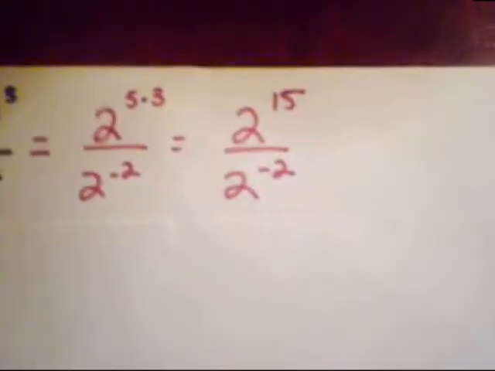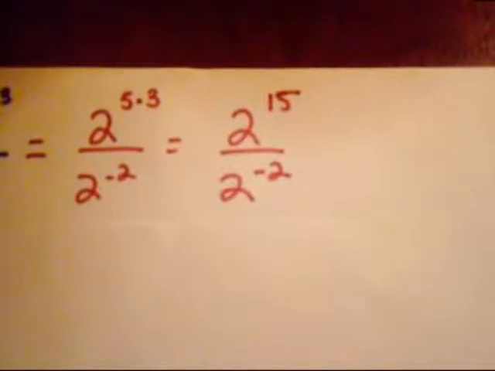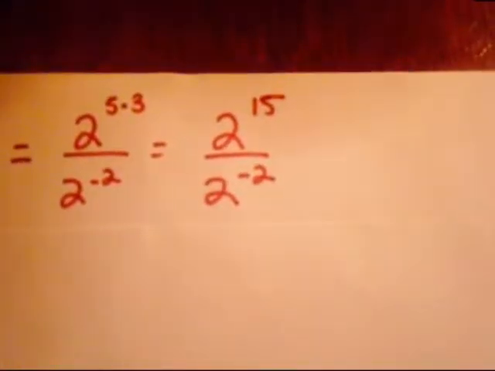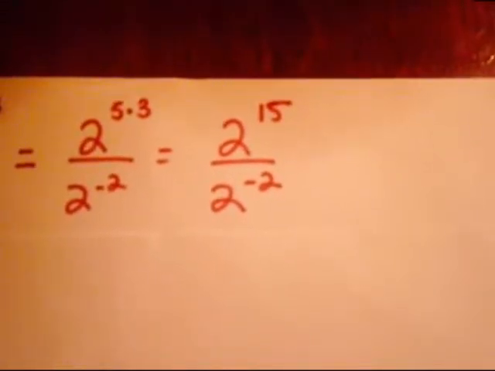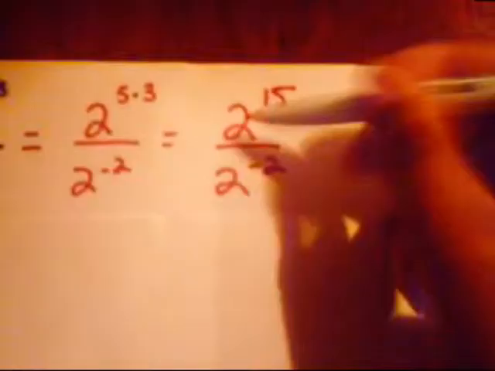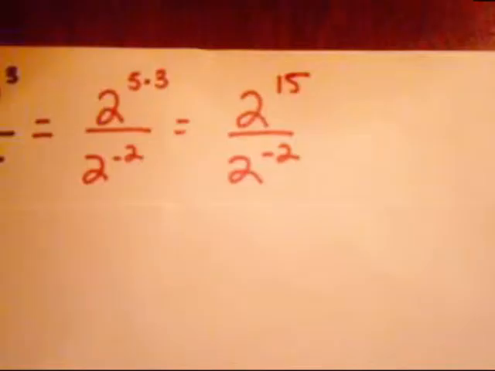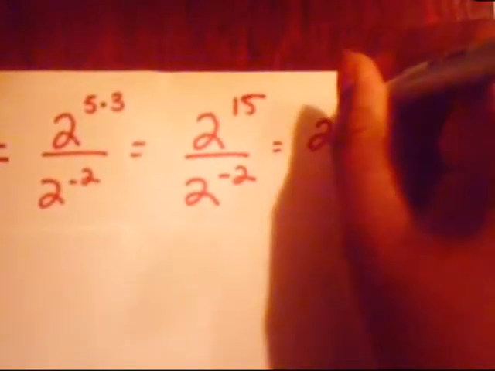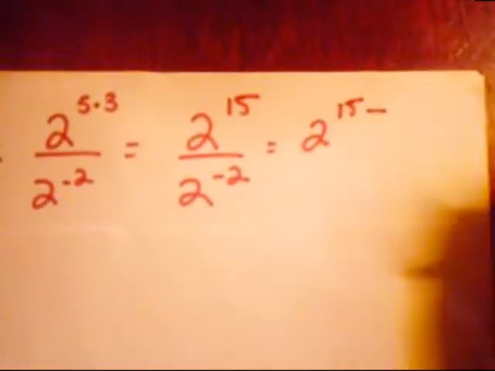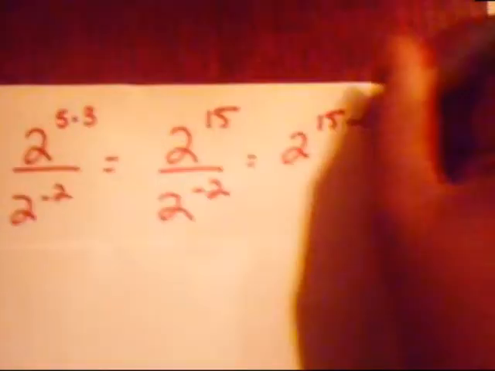Now, there are two ways that we can handle this. You can either use your power of a negative exponent law, or you can use power of a quotient law. I'm going to choose to use power of a quotient law, which means if you're dividing like bases, you subtract the exponents. So what you're going to do is say 2 to the 15th minus negative 2.